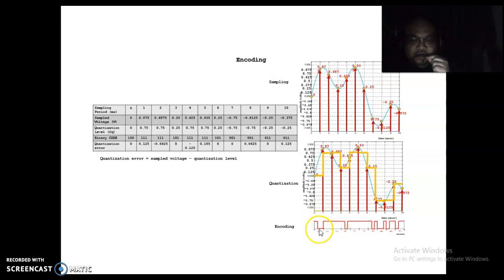So you just assign the binary bits per sample. There should be 3 bits per period. For example, here it should be 101. So you assign the binary per period. So that is encoding, the process of sampling, quantization, and encoding.